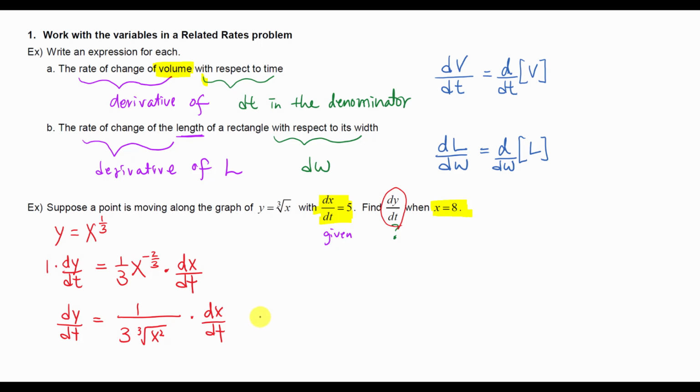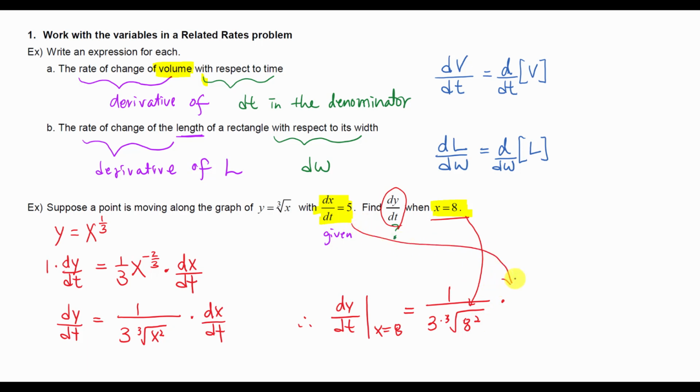So let's plug it in. dy/dt at x equals 8 is going to be 1 over 3 times cube root of, my x is 8, so you plug that in there, 8 squared, times dx/dt, they said it is 5, which is equal to 8 squared is 64 and cube root of 64 is 4. So I have 1 over 3 times 4 times 5, which is equal to 5/12. So you found your dy/dt here.